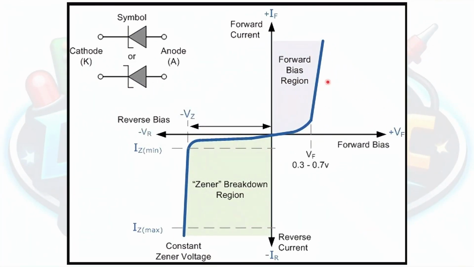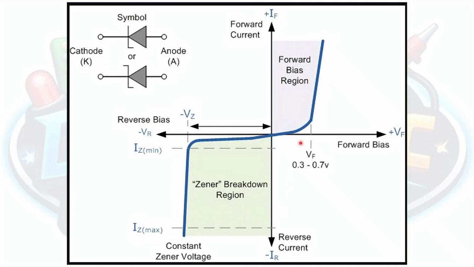What we see right here is the voltage-current characteristic curves of the Zener diode. At the upper right hand portion, this one shows the relationship of the forward bias voltage of the diode with its forward current. At the lower left hand portion here, this curve shows the relationship between the reverse bias voltage of the diode with its reverse current.